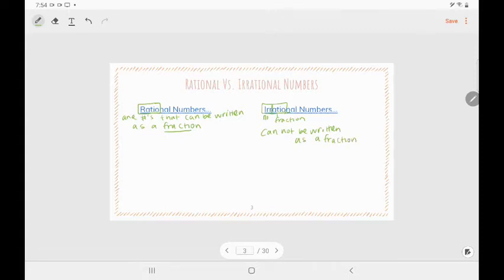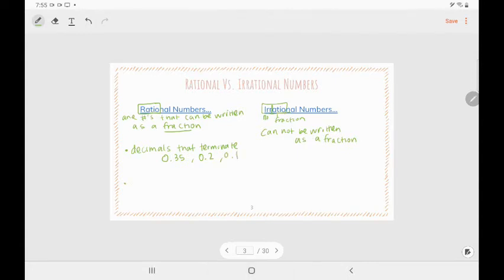Now you might ask yourself, well, how do I know if a number can be written as a fraction? Remember our last lesson when we talked about things that can be written as fractions are decimals that terminate. So examples of that might be 0.35 or 0.2 or 0.1.